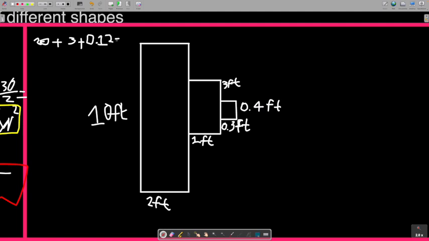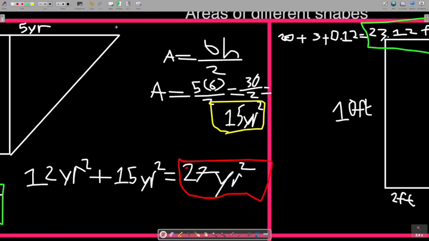So we have 20 plus 3, which is 23. 23 plus 0.12 is just 23.12. And then we write square feet. So the area of this compound shape, 3 rectangles, is 23.12 feet squared, square feet.